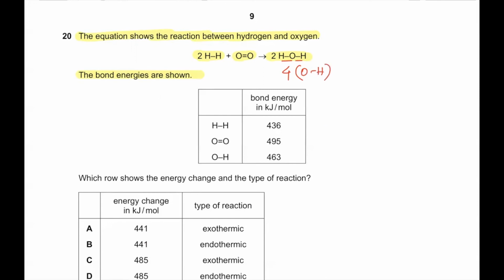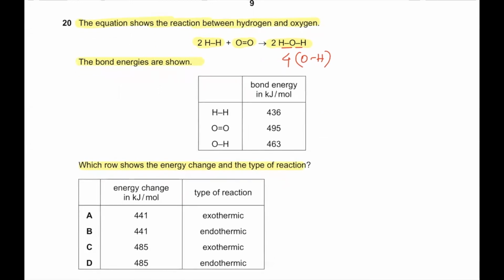That being cleared, the question says which row shows the energy change and the type of reaction. Obviously the energy change will be exothermic. How can we tell? Hydrogen and oxygen reacting is like literally a rocket explosion. Definitely it will be an exothermic change, but let's see the values.